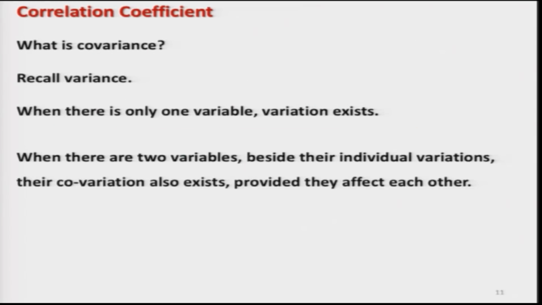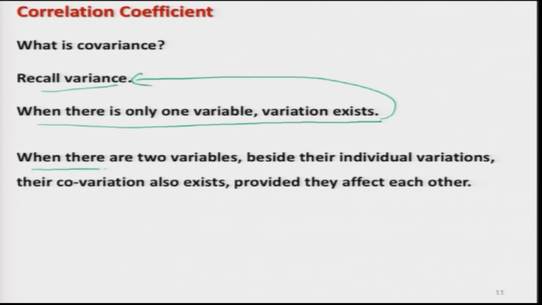As we have discussed, covariance is very similar to the concept of variance. When there is only one variable, variation exists, and that is measured by variance. When there are two variables or even more than two variables, then for these variables their individual variation exists.